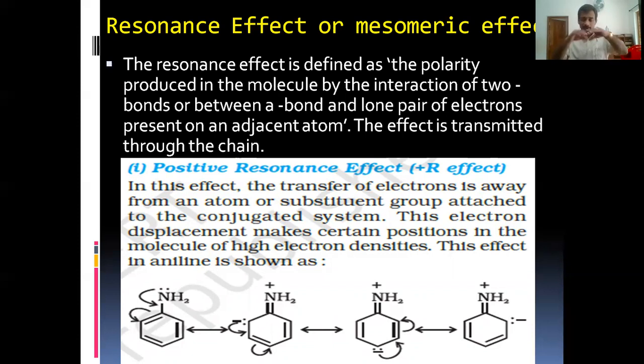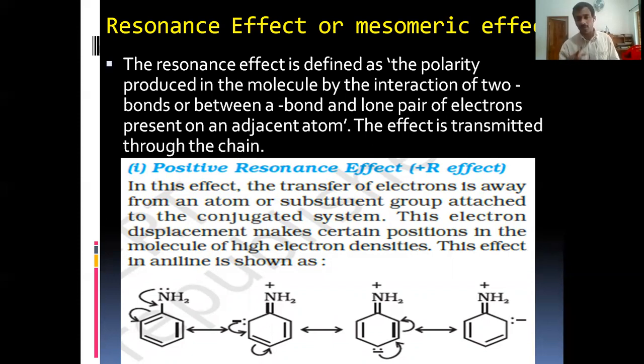At that time, the double bond already present will break and the pi electrons will move to the next carbon atom. This effect is transmitted through the carbon-carbon chain.